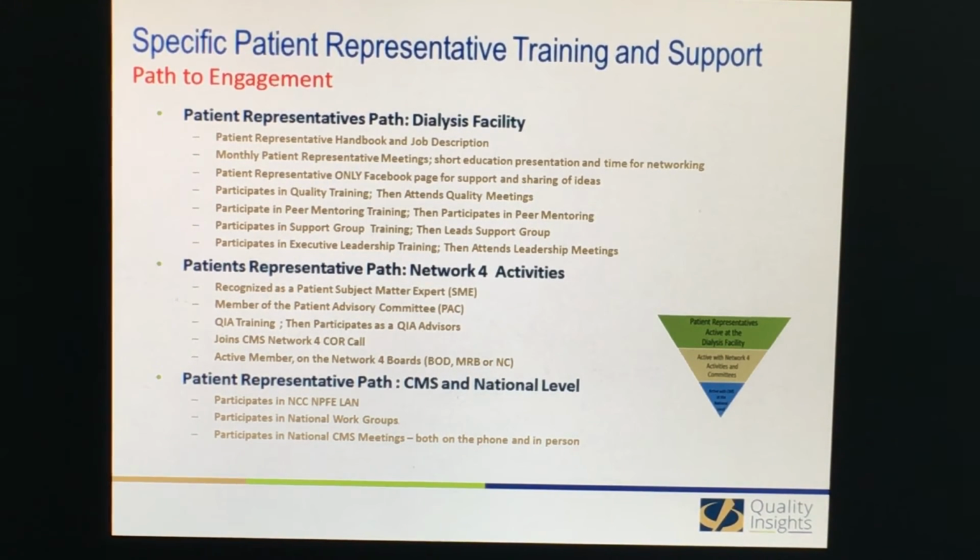We call those patient lands, and they participate in national work groups solving problems with patients and developing tools. These patients also participate in national CMS meetings, both on the phone and annually in person in Baltimore, Maryland.